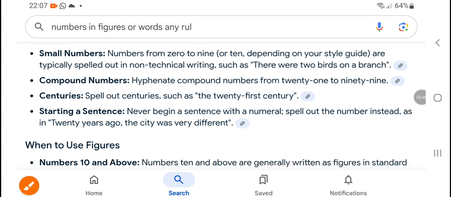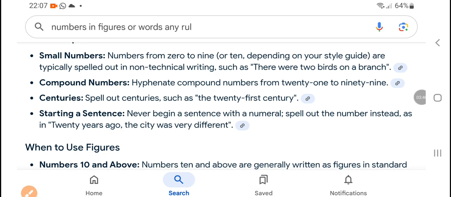Number one, small numbers. Numbers from 0 to 9, and 10 depending on your style guide, are typically spelled out in non-technical writing, such as: there were two birds on a branch.